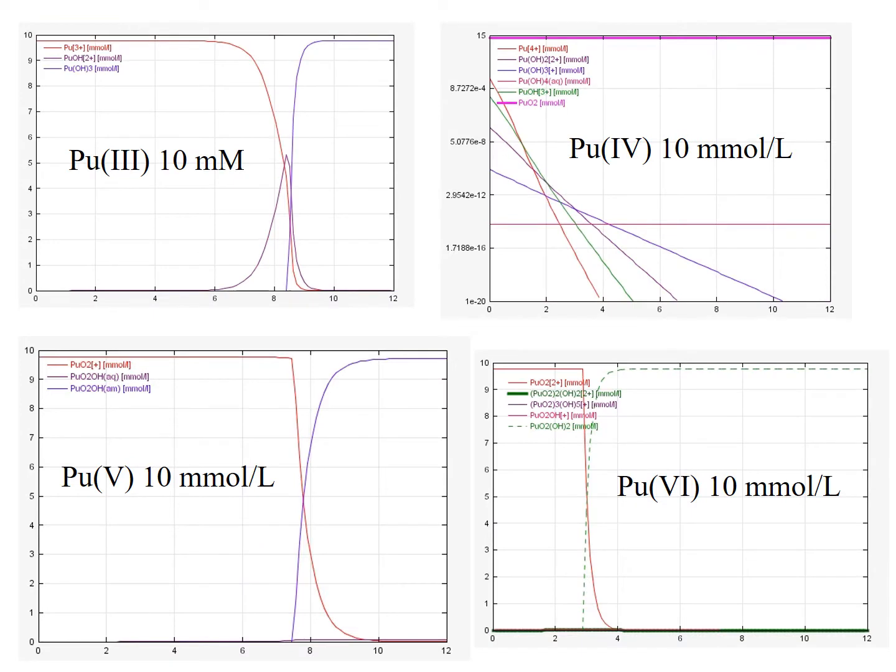A more full picture of different oxidation state calculations is presented here. This can be useful for understanding stock solutions, both concentrations and pH range. For instance, if you had a plutonium-3 stock solution, you could go up to a pH of around 6, and the plutonium would still be the free metal ion. Whereas for plutonium-4, under the range examined with a 10 millimole solution, the dominant phase circled here is plutonium dioxide, in other words, plutonium precipitate.